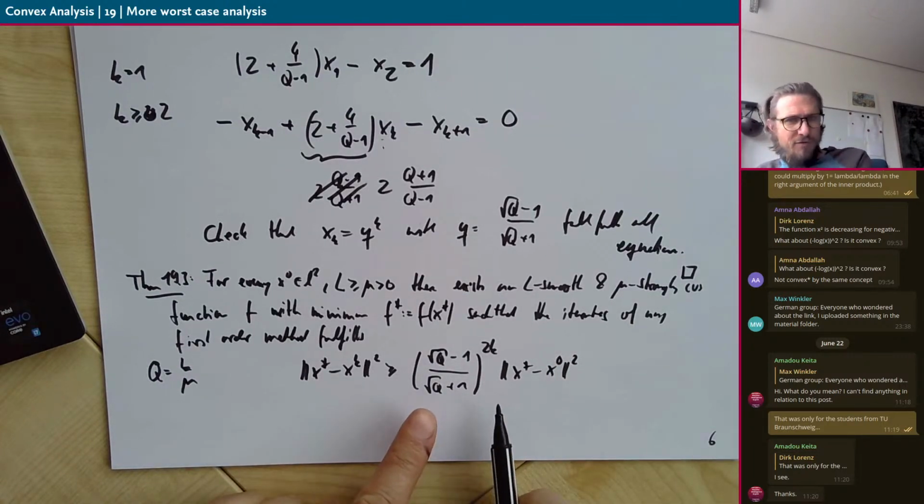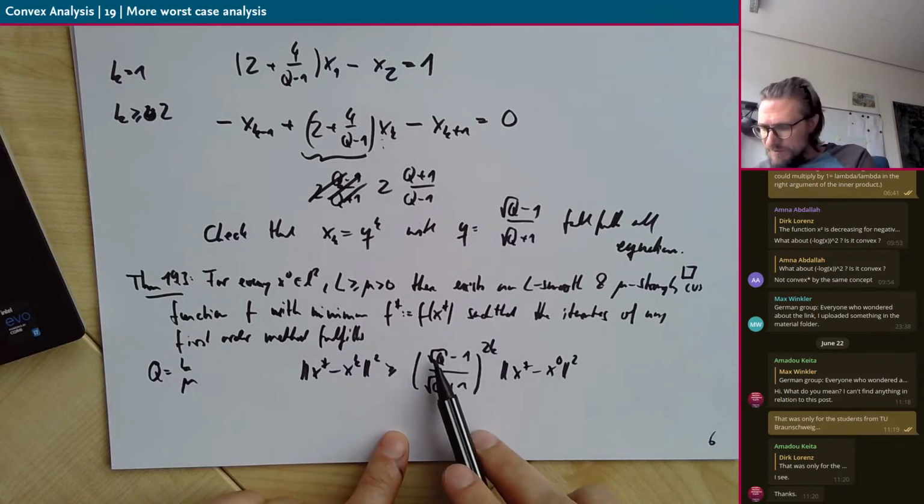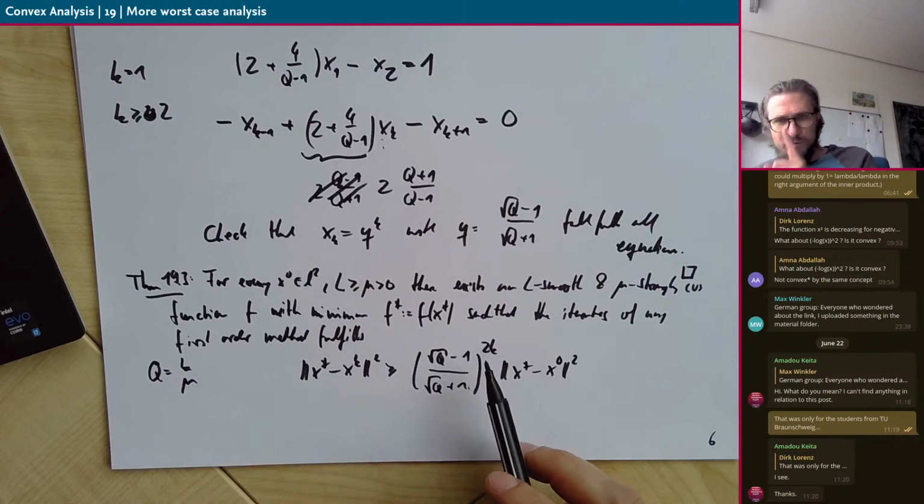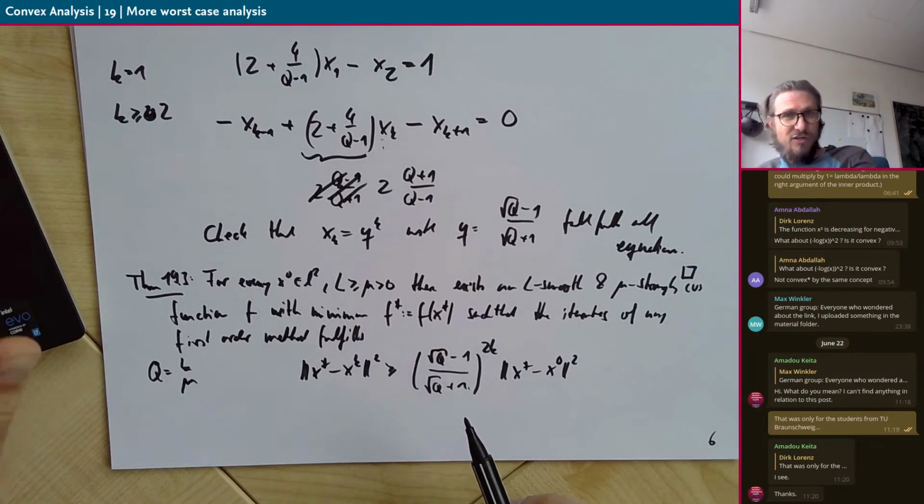And of course this q is again L over mu. So here our lower bound is much smaller, because this is a number smaller than 1, and we raise it to the power 2k, so it goes down exponentially fast.